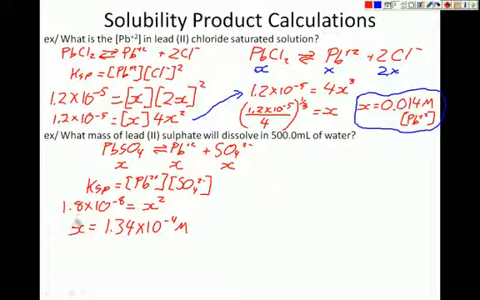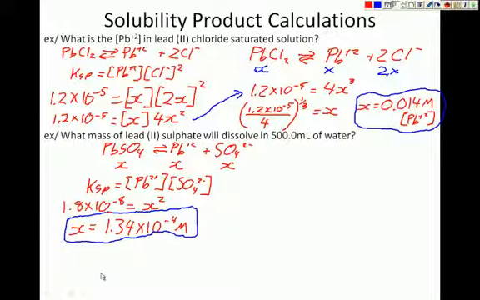Now this isn't our final answer yet, just an important number, so I'm going to circle it right here. This is the concentration of PbSO4. It also happens to be the concentration of lead in solution and SO4 2- in solution.